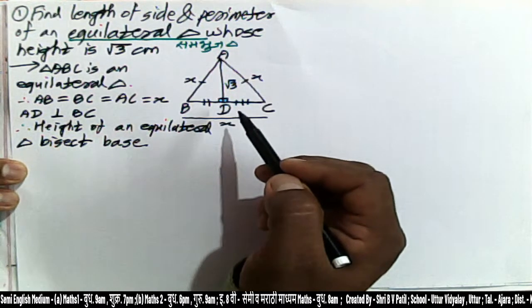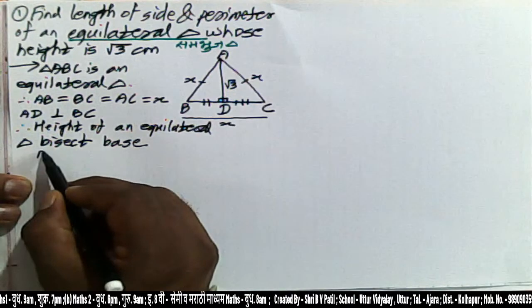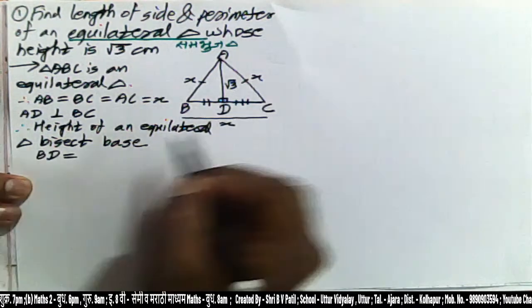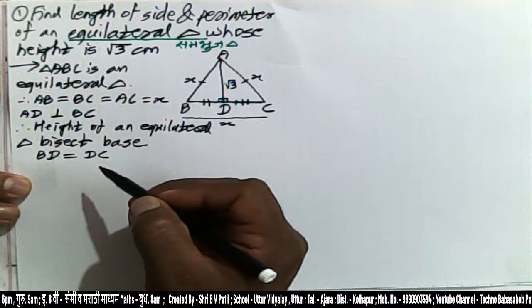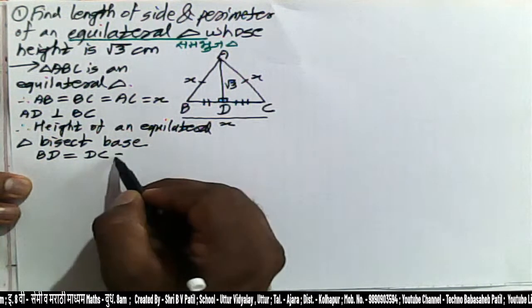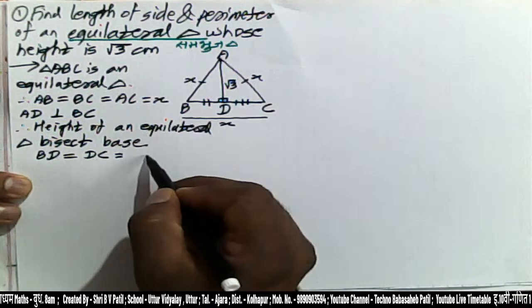That is, BD and DC are congruent, and each part is how many times the big part?